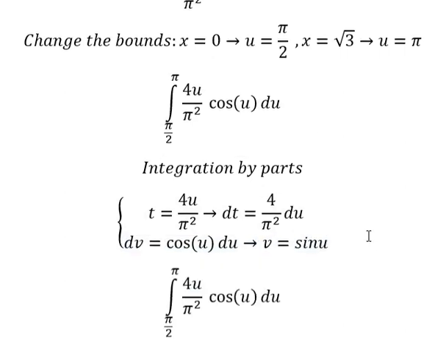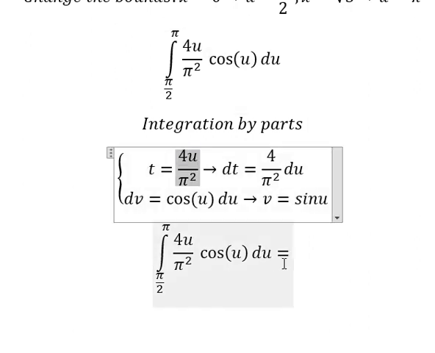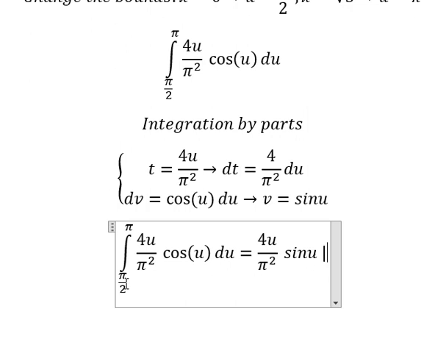So we have t multiplied by v, and now I will put the bounds from b over 2 to b.